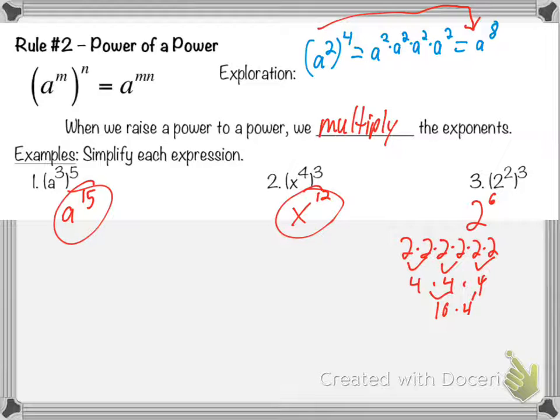What's 16 times 4? 64. Lauren was right. We end up getting 64 as our answer.